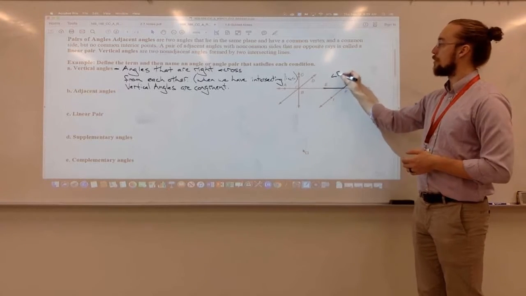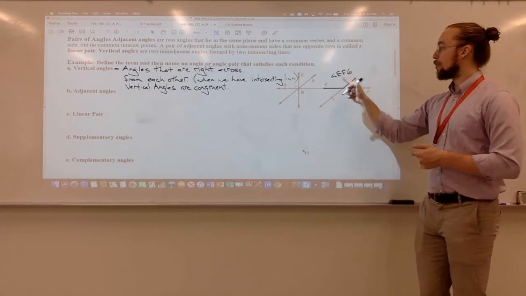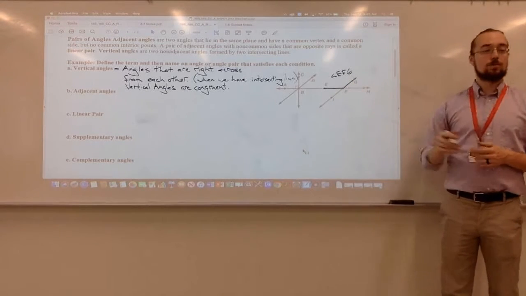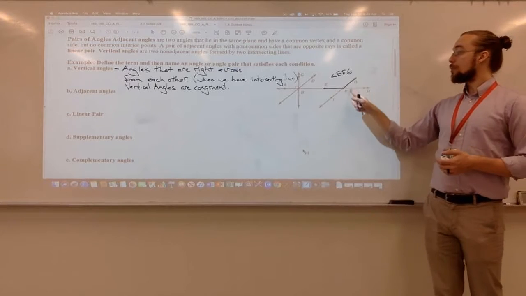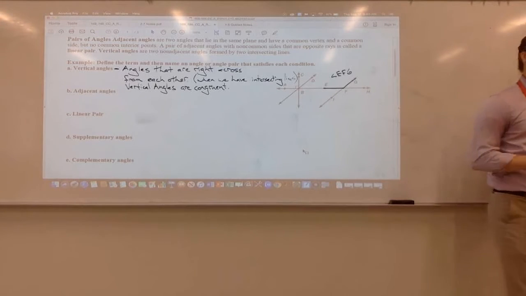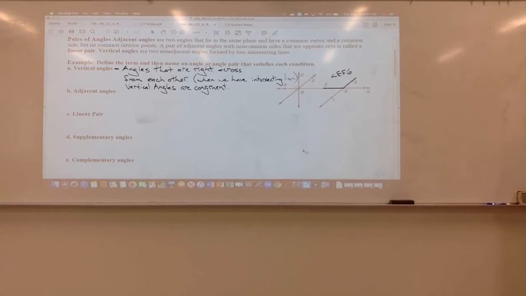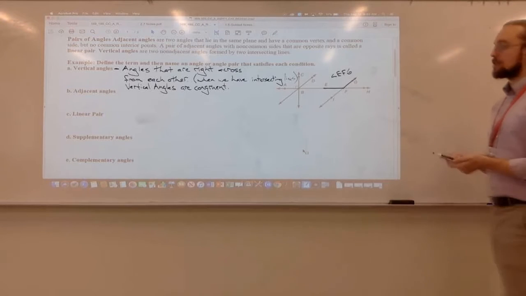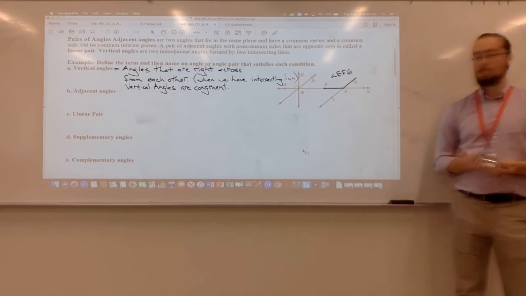And to name that, remember we're using 3 points, and the vertex always goes in the middle. So what would be an angle that's vertical to EFG here? What angle is right across from angle EFG?